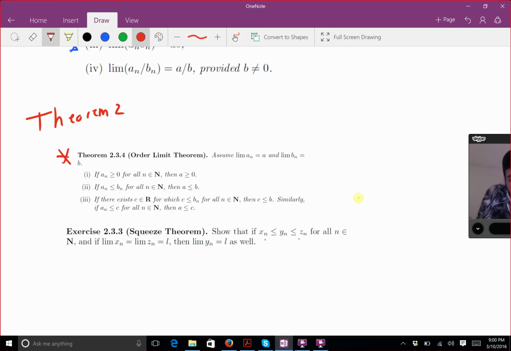The first thing I know is that this is true for all n. But I know something else: I know that these sequences at the end converge.